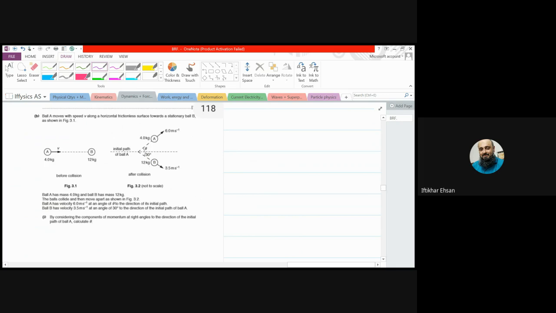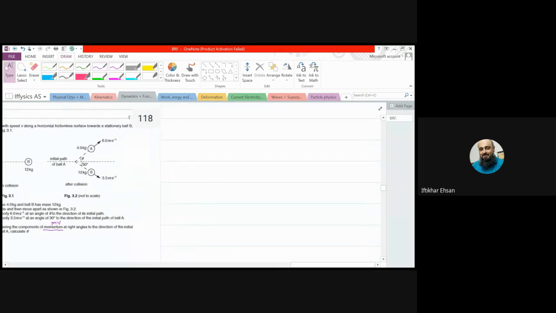Okay. By considering the components of the momentum. So, what is momentum? Mass times velocity. So, we are to have the components of momentum. We will first find momentum, multiplying the mass with the velocity.